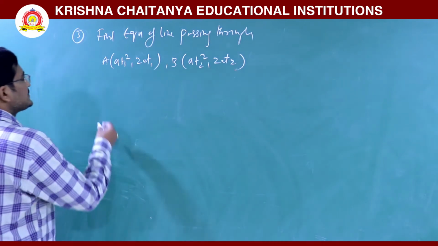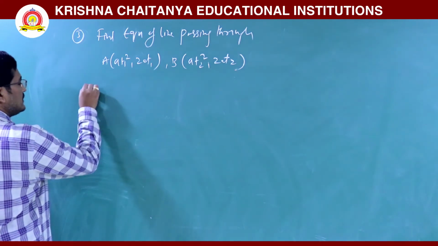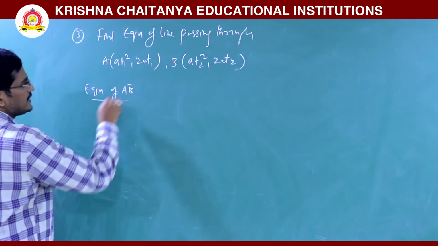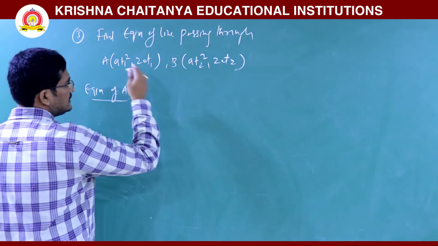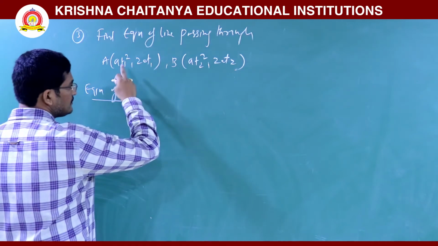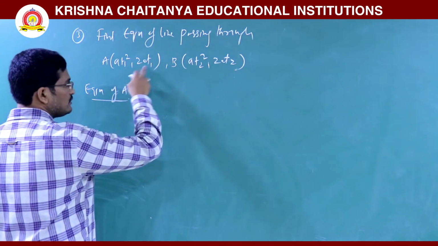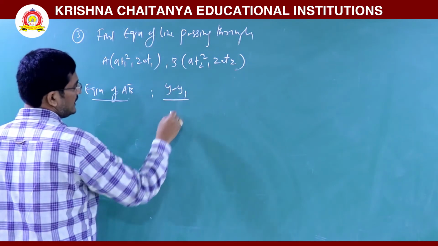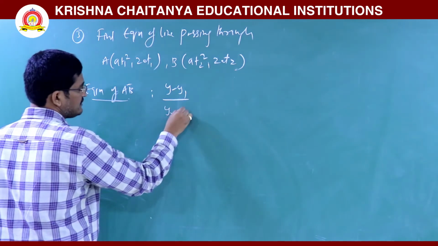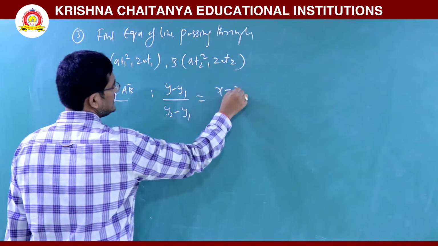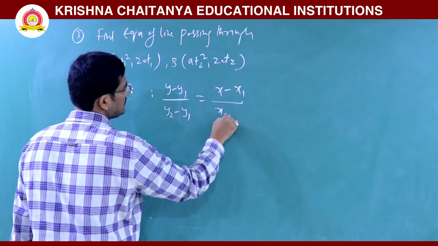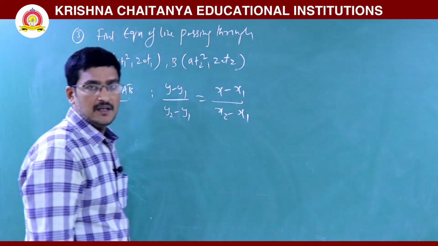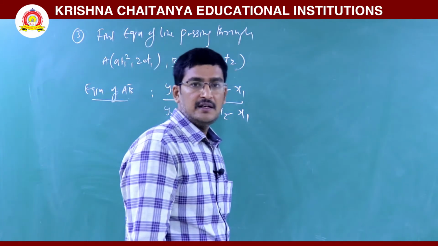So the equation of AB bar: the line passes through A (x1, y1) and B (x2, y2). Then you know the line equation is (y - y1)/(y2 - y1) = (x - x1)/(x2 - x1), which is called the two-points form of the straight line. Now I am using this one to get the answer.